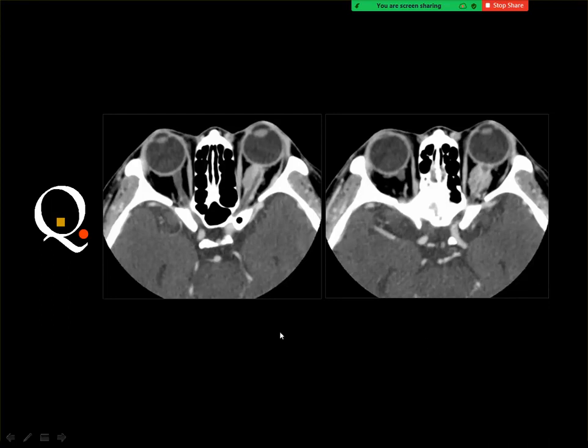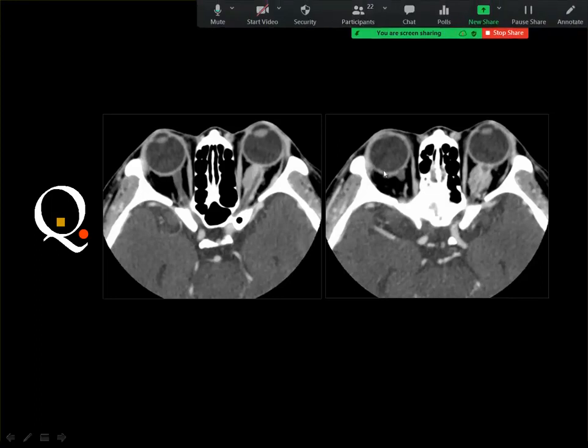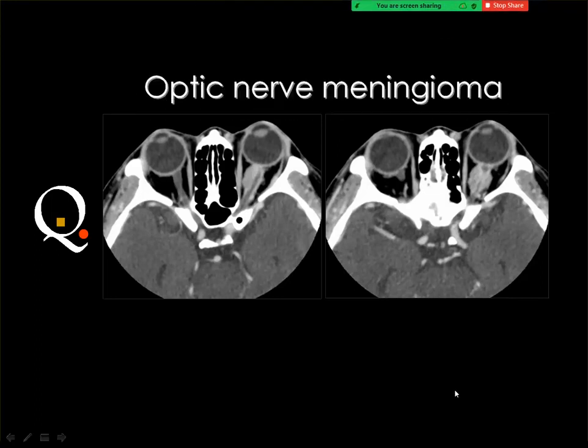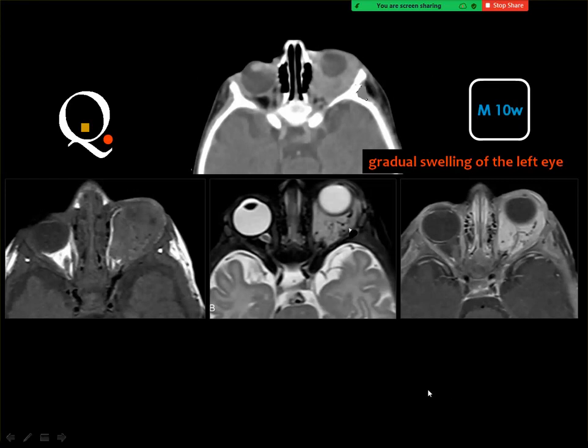And this is the most classic appearance of a meningioma of the optic nerve with the radiolucent track sign of the optic nerve itself running through the meningioma mass, which is arising from the optic nerve sheath. And this is a classic appearance of an optic nerve meningioma.